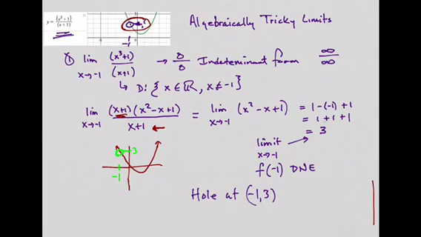Again, there's a difference between the limit and the function value. The function value doesn't exist, but the limit does exist, and that limit is 3. Now's a good time to pause and contemplate this one, and I'll move on to a second problem momentarily.